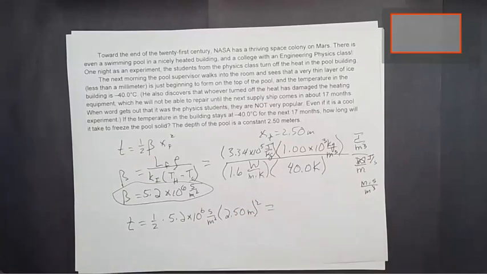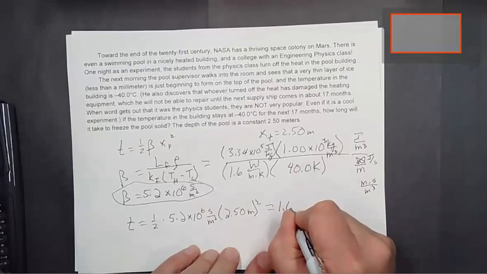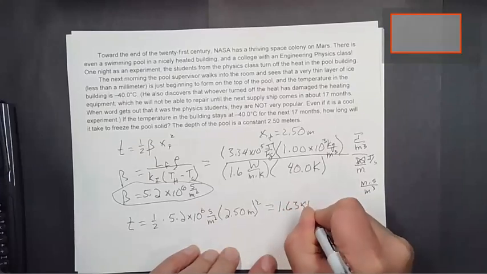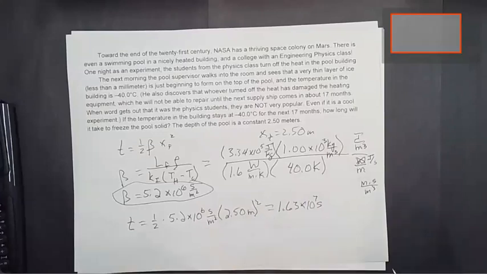And it's going to be a fair amount of time here, but that's okay. I get 1.63 times 10 to the 7th seconds, because the meters squared are going to go away.